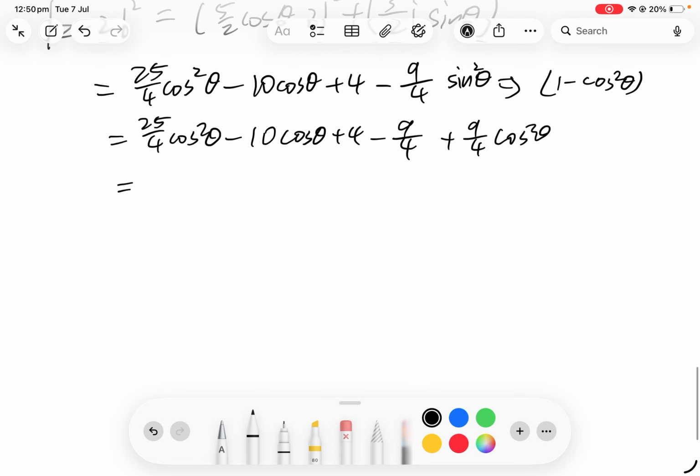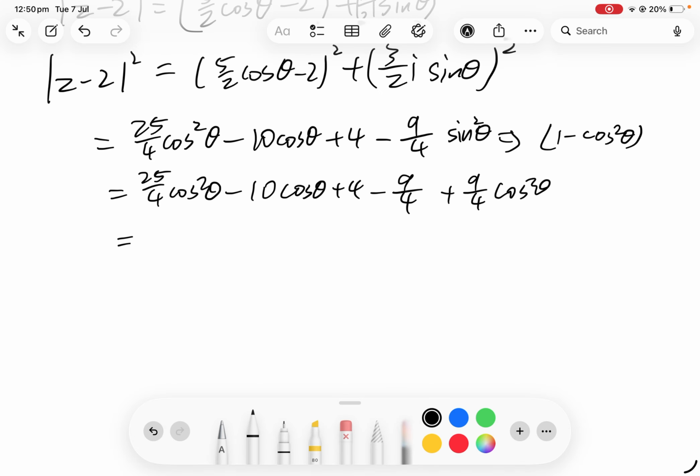If you simplify that, you add those together, that just becomes 30. Ooh, does that become 34? Yes, it does become 34.